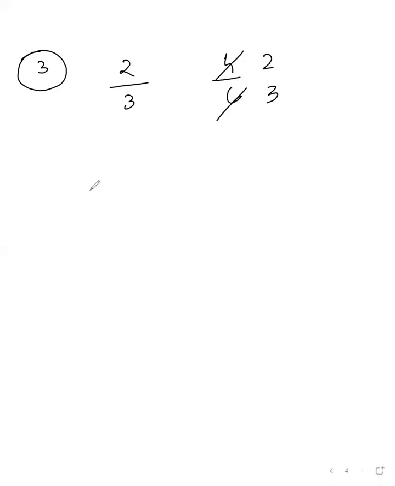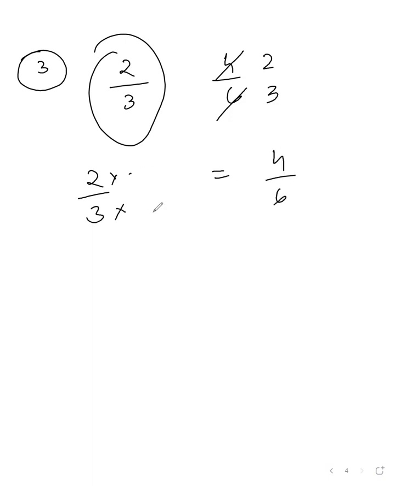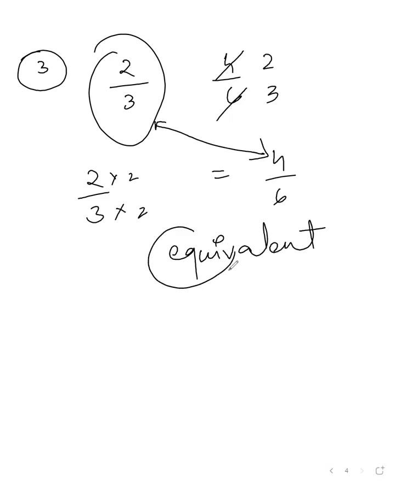Or in other words, 2 by 3 ko upar niche same number se multiply karne se, I get 4 by 6. So that's why 2 by 3 and 4 by 6 are equivalent fractions. So remember this word, equivalent fractions. Equivalent means equal value.